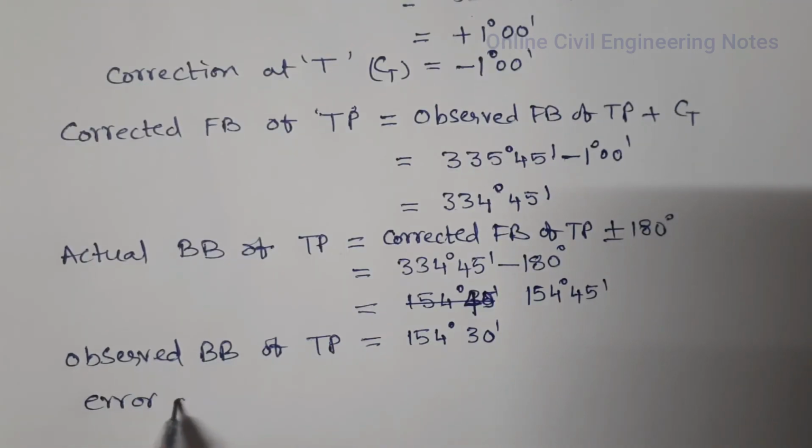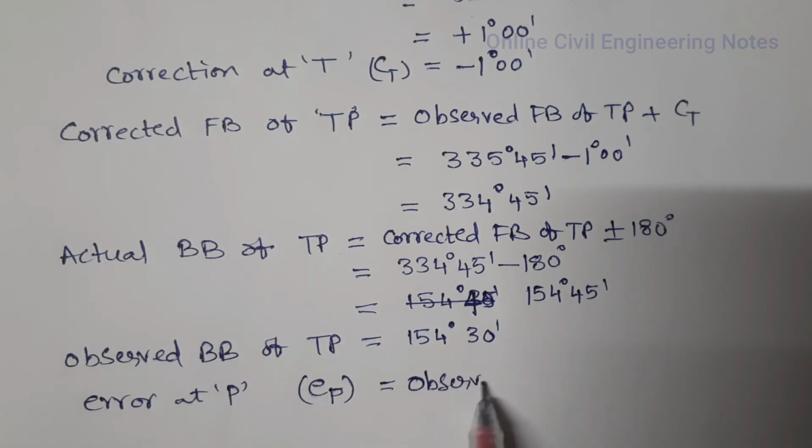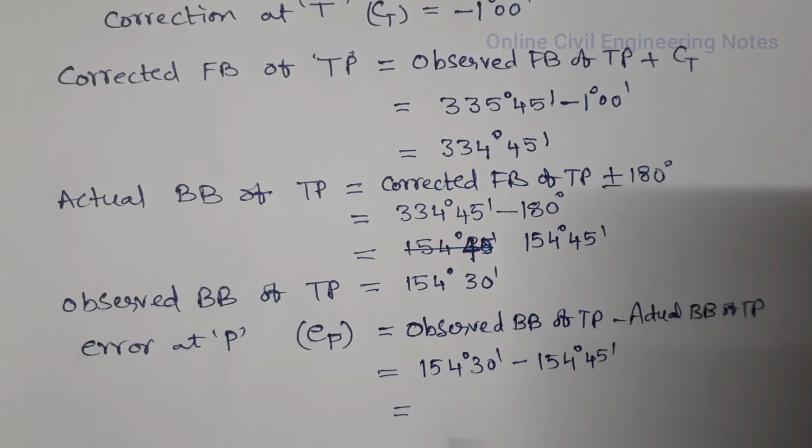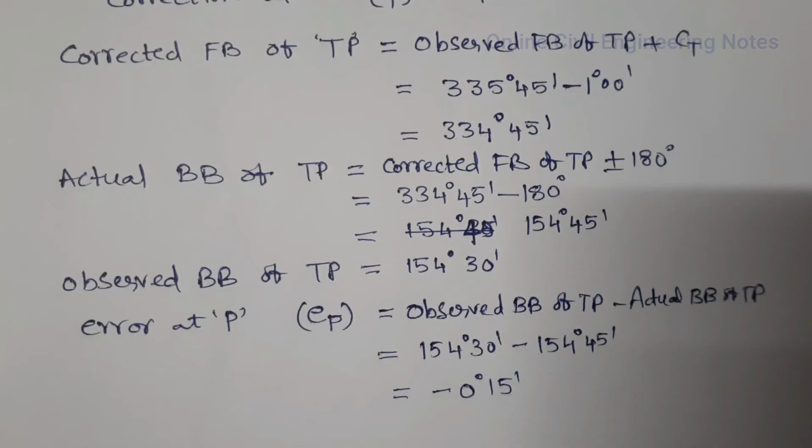Error at P station is equal to observed back bearing of TP minus actual back bearing of TP, which is 154 degrees 30 minutes minus 154 degrees 45 minutes, which is equal to minus 0 degrees 15 minutes.